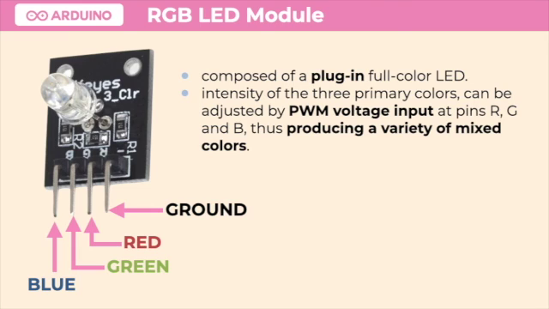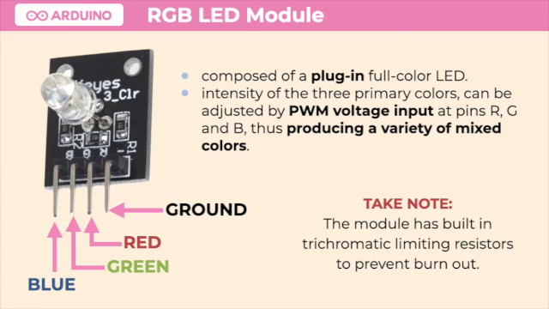Now take note that the module has built-in trichromatic limiting resistors that can prevent burnout of the board. Again, you can generate different colors by adjusting the brightness of each of the 3 LEDs of the RGB LED. Now to adjust the brightness of each LED, you use a PWM signal.